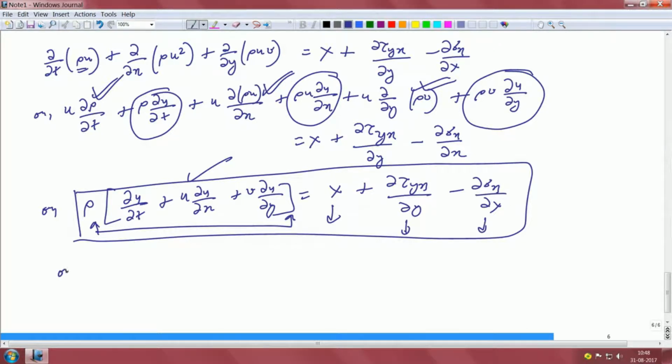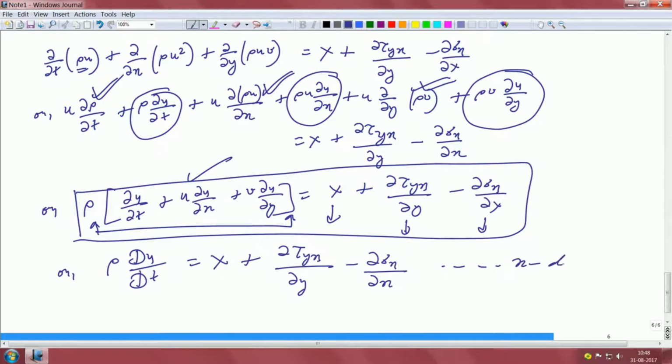So, this can also be compactly written in terms of the material derivative, right. This is once again in the x direction only. Of course, the y direction will be very similar to this, but that is something we are not really bothered about right now, because that will be essentially the same.